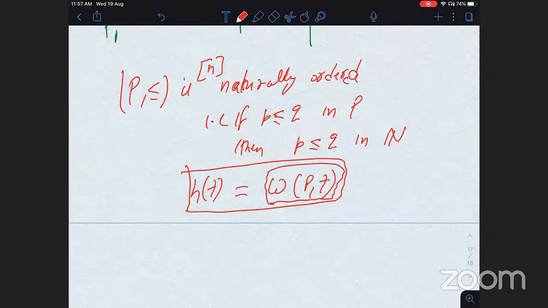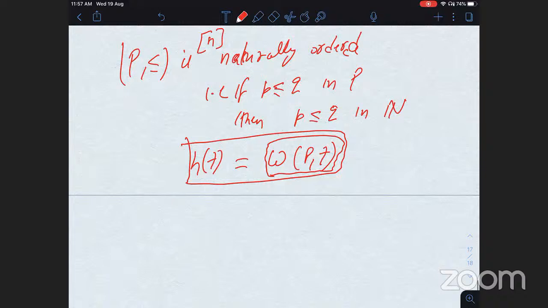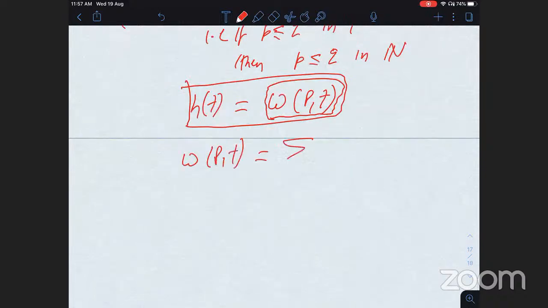Okay, just a second. So W_P(t) is the summation over pi belonging to L(P), where L(P) denotes the set of all linear extensions, of t to the power descent of pi.